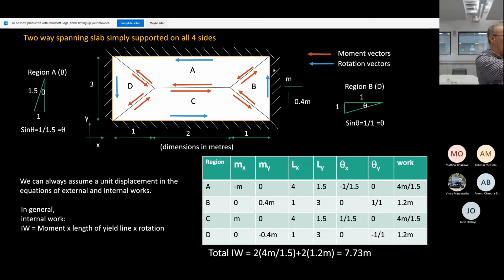Look at this carefully. This is the edge. It's going to rotate by an angle theta from there. So this is 1.5, this is 1, and this is the angle theta. So what is the relationship?